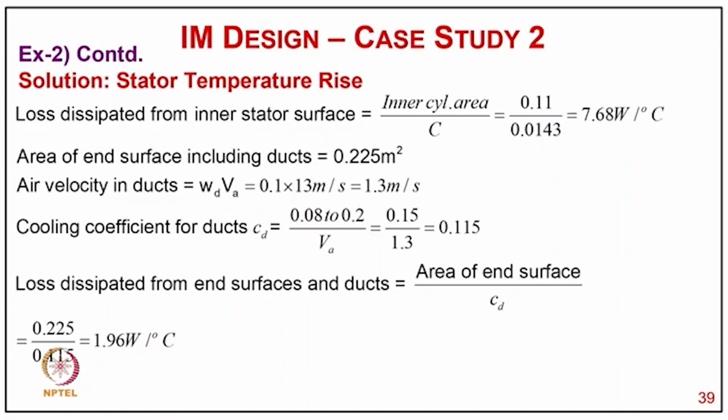So cooling coefficient for ducts CD equal to 0.08 to 0.2 into Va, so giving a value of around 0.15 divided by 1.3, it comes 0.115, and loss dissipated from end surface and ducts is area of ducts divided by CD, so that's 0.0225 divided by 0.115, that comes 1.96 watt per centigrade.